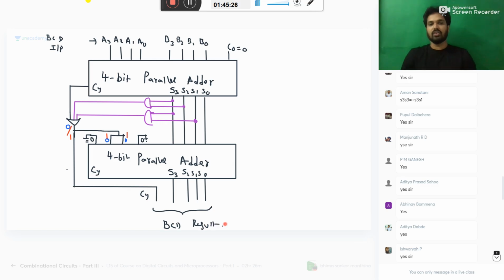No need to have any logic. If this logic is 0, carry 0. Logic is 1, carry is 1. That's all. Yes, right. You need not take this one. This is of no use for us here. This is what we call the design of a BCD adder.